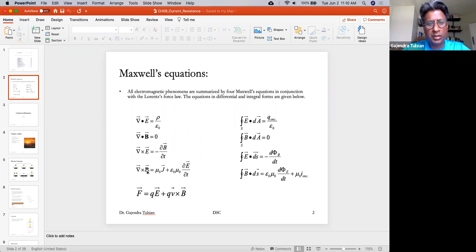What this equation tells you is this is electric current density, electric currents producing magnetic fields. B denotes magnetic fields. So these are the 4 Maxwell's equations in differential equation form, and the same equations in integral form.